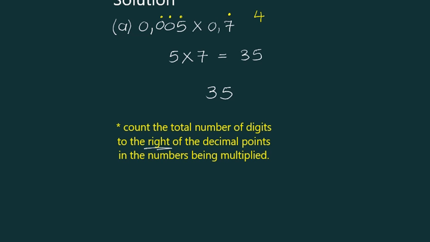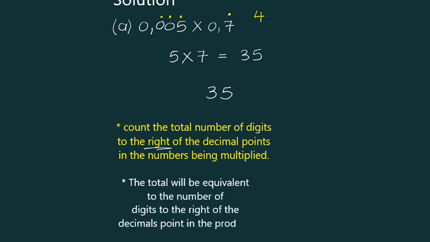That 4 is equivalent to the number of digits to the right of the decimal point in the product.